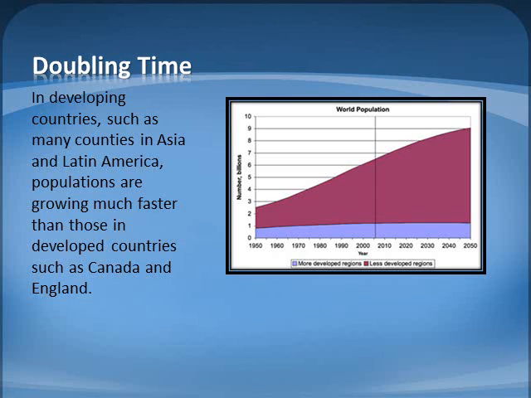Countries where the birth rate is very high and the conditions are improving, so people are living a lot longer, that's where we're seeing a lot of the growth in population worldwide. So certain countries in Asia, certain countries in Central and South America, we're seeing a lot of changes in those areas and a lot of growth in those populations.